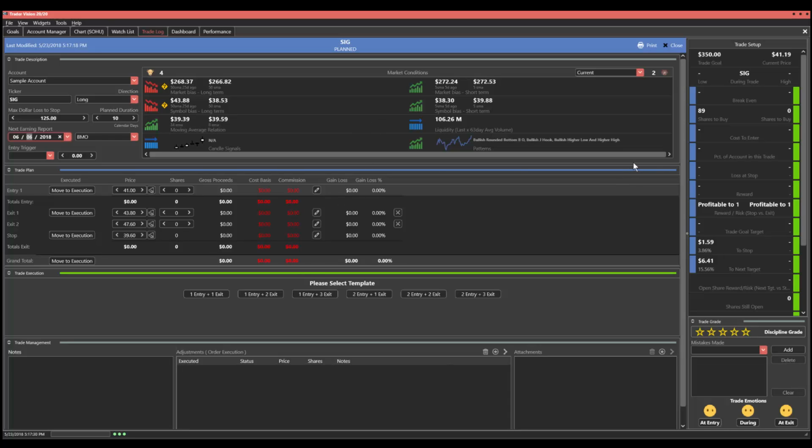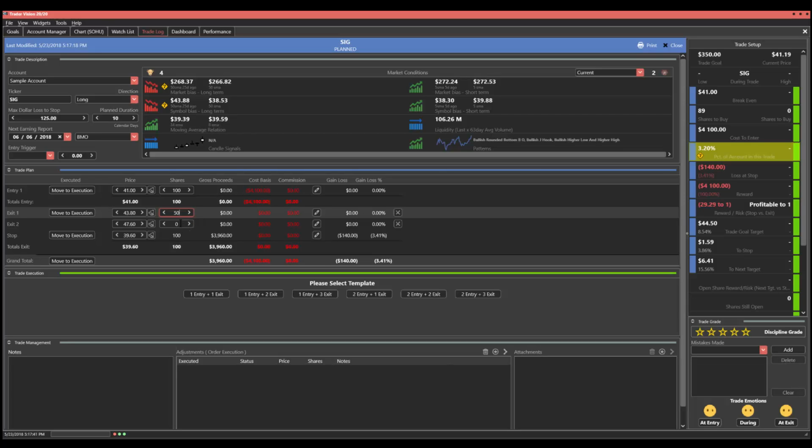Okay, it says we can buy 90 shares almost, so let's go 100. It's 3% of the account, and we're risking 3.4% to make exactly 2 to 1 at the first target, and another total of 3.36 to 1 for the trade if we hit the second target.